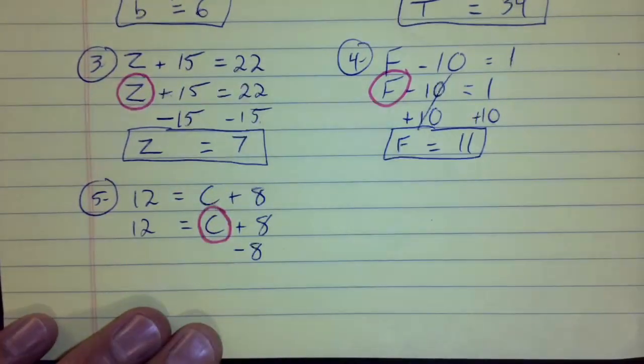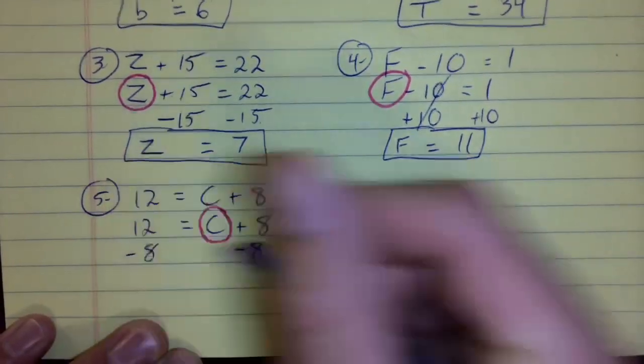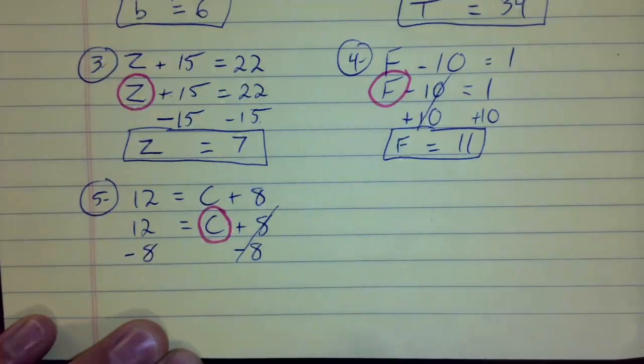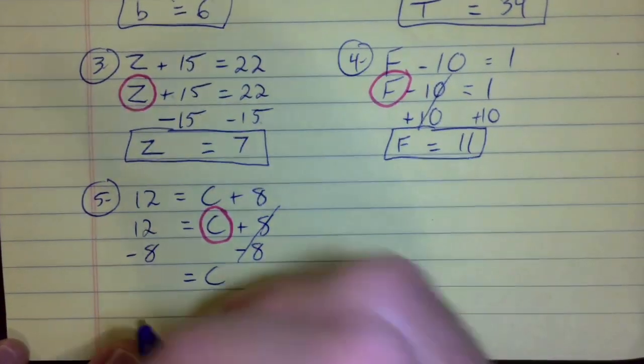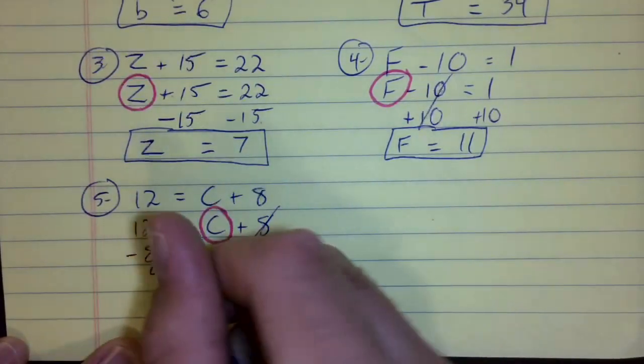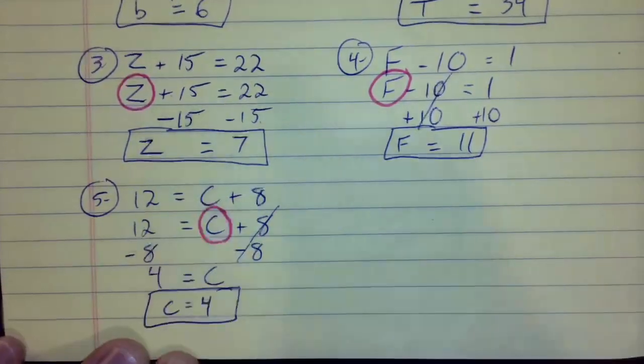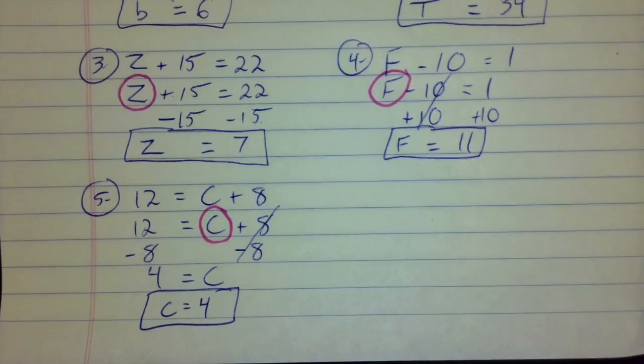And whatever you do to one side, you must do to the other. Good, so cross off what cancels out. Now you're just left with C equals 12 minus 8. Well, that's simple. That gives you 4. C equals 4. That's it.